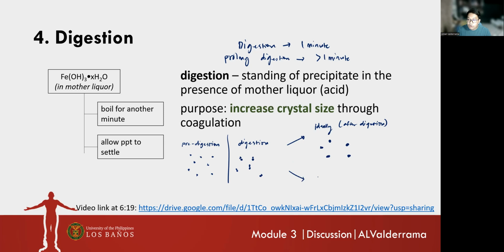However, during prolonged digestion, it will revert back to its colloidal form. Okay? In colloidal form, they are in a very small particle size. And this phenomenon is called peptization.